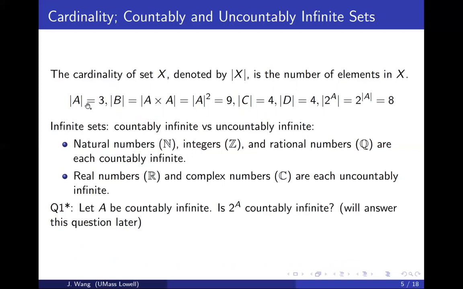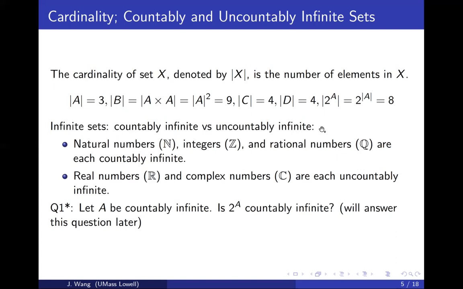For instance, in the previous example, the cardinality of A is 3, and the cardinality of B, which is the Cartesian product A cross A, is the cardinality of A squared, which is 9, and the cardinality of C is 4. Likewise, the cardinality of D is 4, and the cardinality of the power set of A, 2 to the A, is 2 to the 3, which is equal to 8.